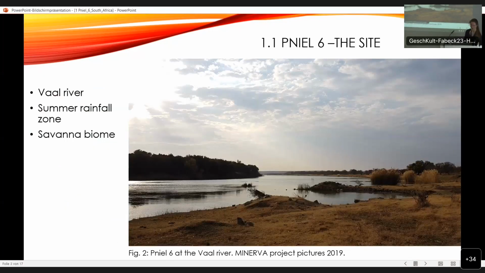It is located in the summer rainfall zone in South Africa, and today there's a savanna biome. The nice thing today is that nearly all grasses are C4 grasses, and all other plants, our trees, shrubs, and herbs, are C3 plants.